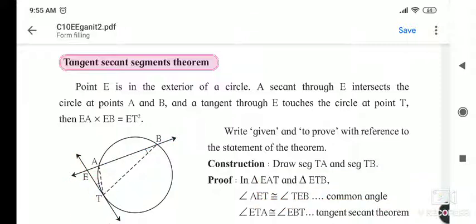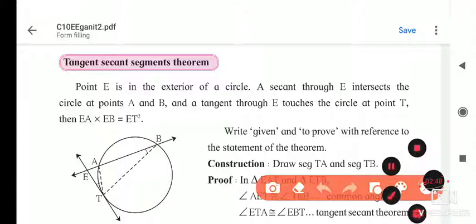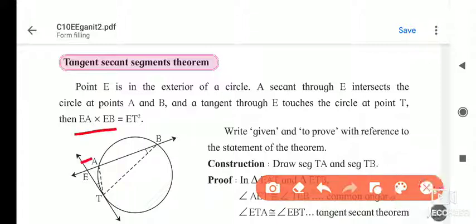If such a situation is there, then we have to prove that EA into EB, where EB is the distance from E to B, is equal to ET square.